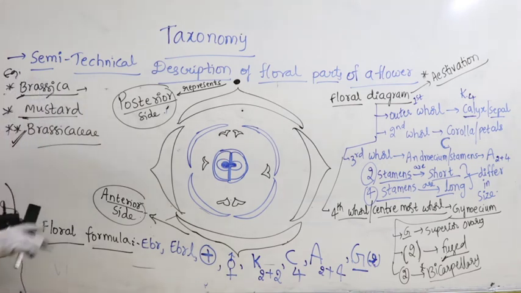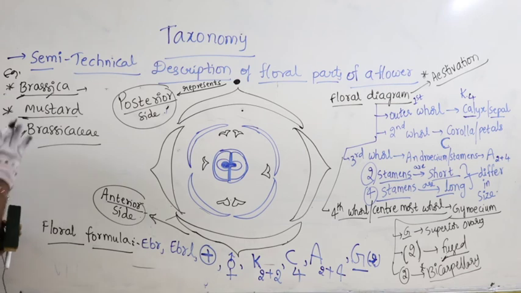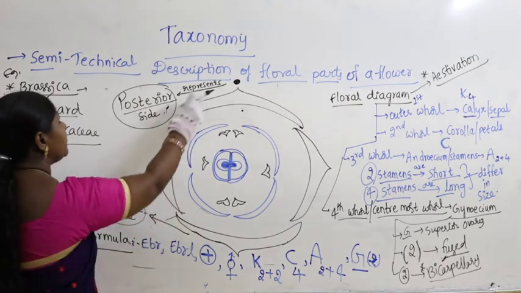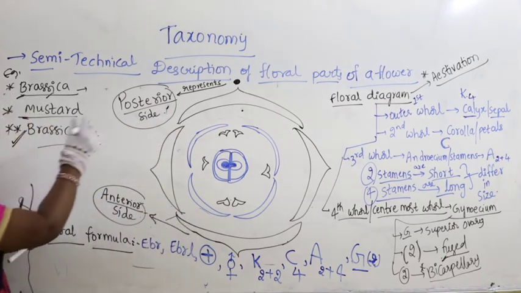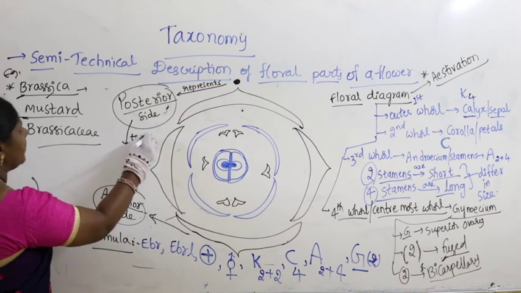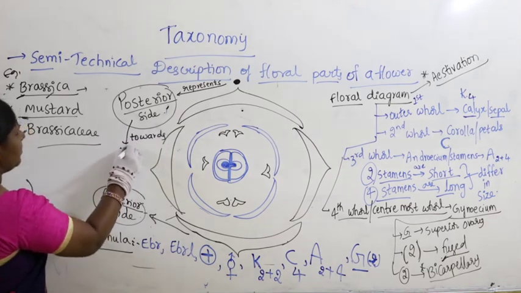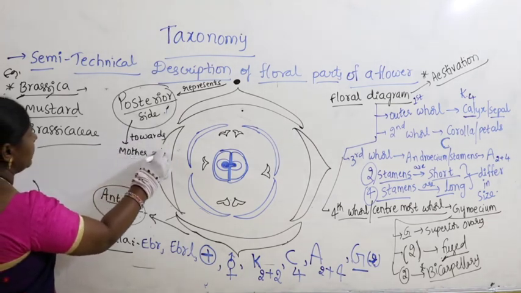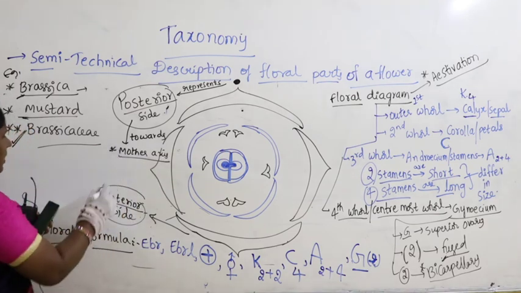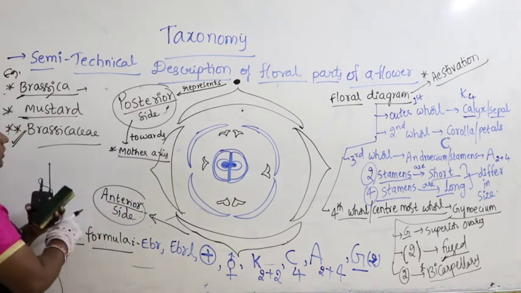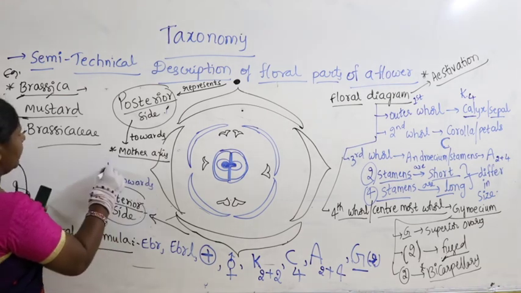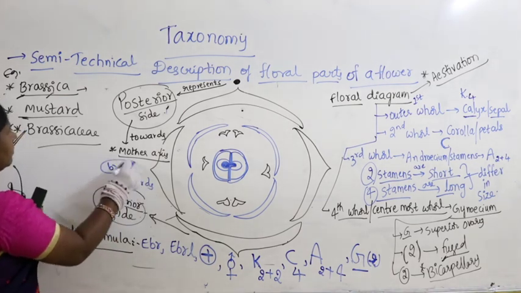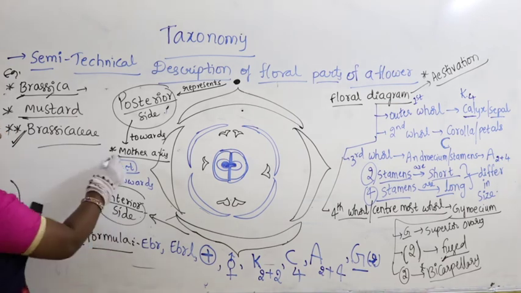Brassica is the scientific name, mustard is the common name, belonging to the family Brassicaceae. Okay, the dot represents the posterior side, the opposite side is the anterior side. The posterior side is towards the mother axis. Remember this always: the posterior side is towards the mother axis, the anterior side is towards the bract. Very important.